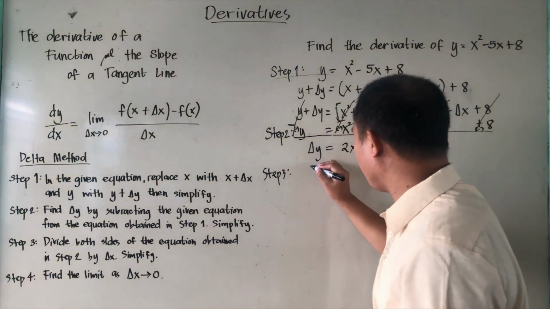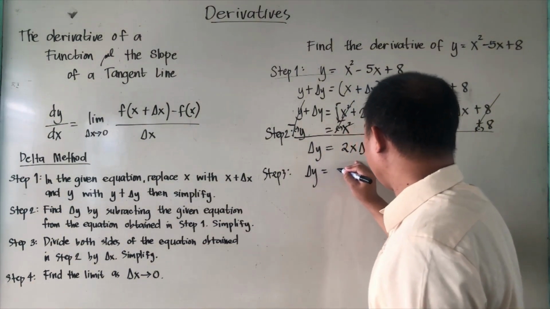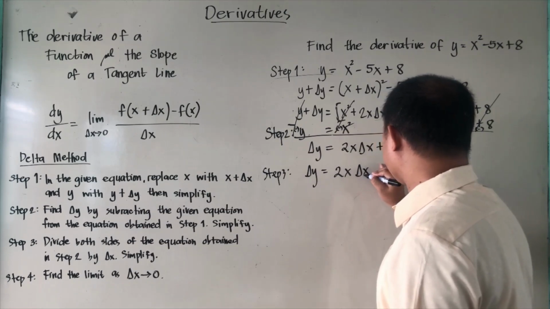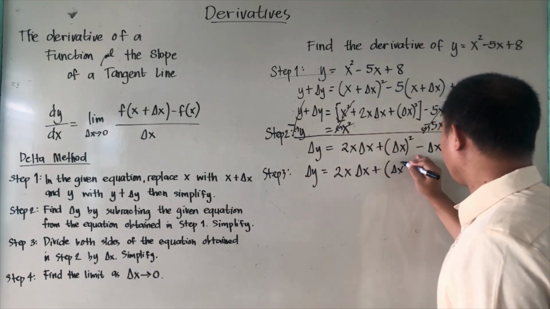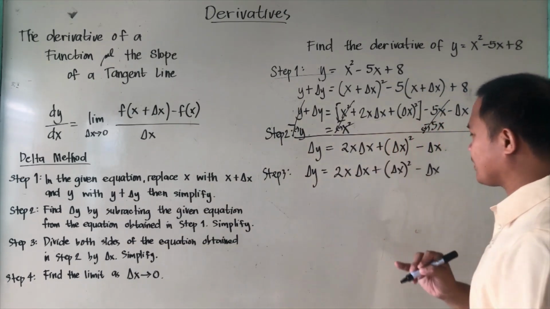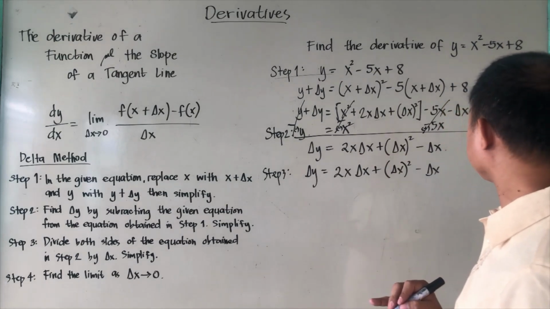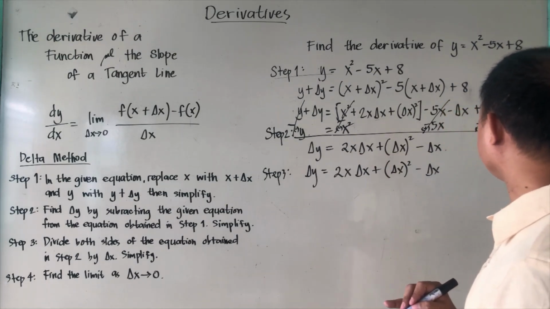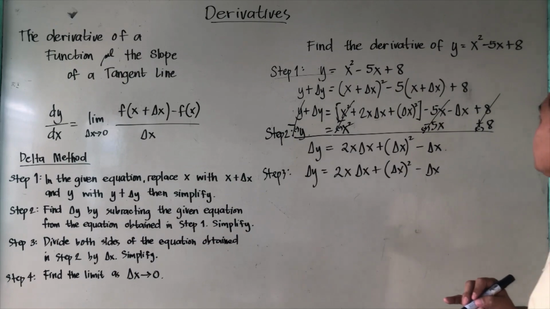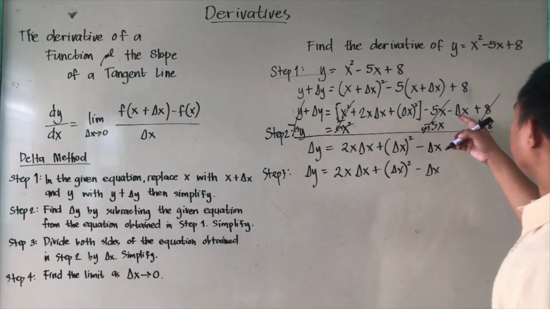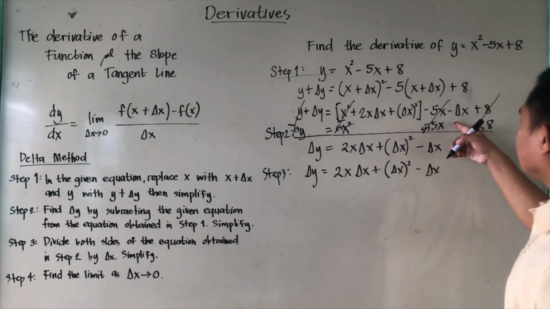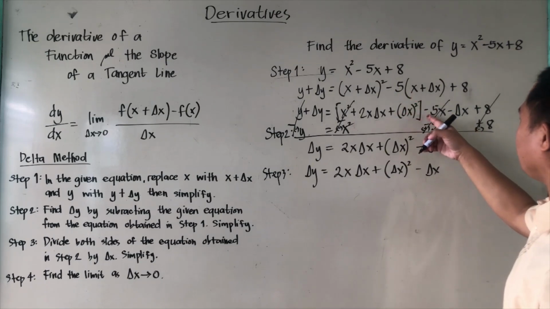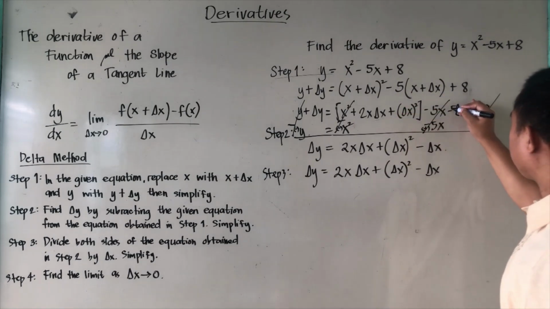So step 3 states that we need to divide both sides by delta x. So dividing both sides by delta x, plus delta x squared minus delta x. Okay. So meron tayong nakalimutan dito. Negative 5x, negative 5 delta x.